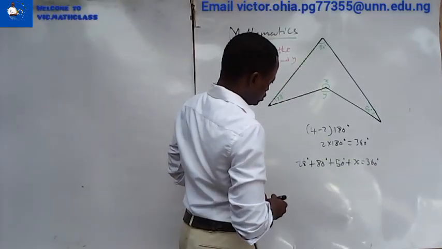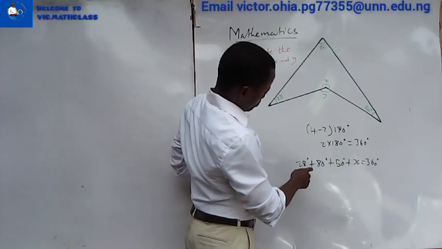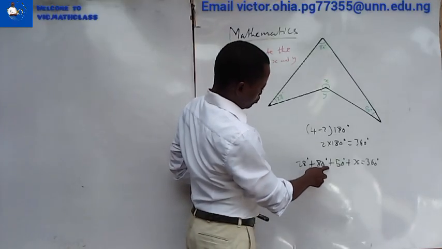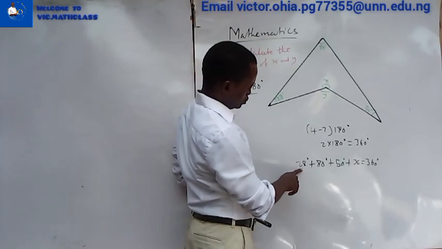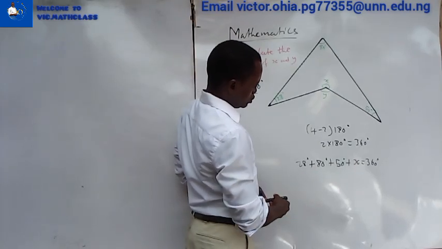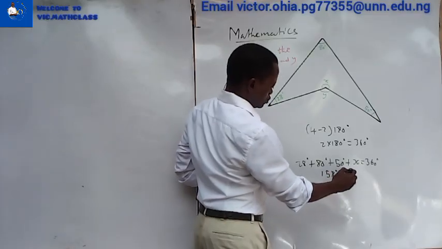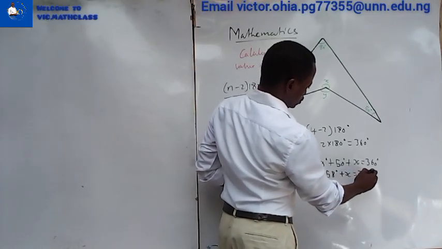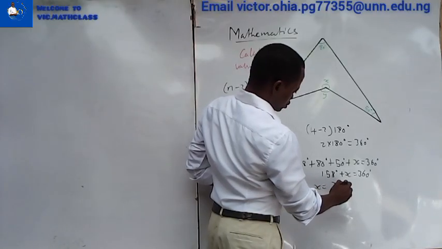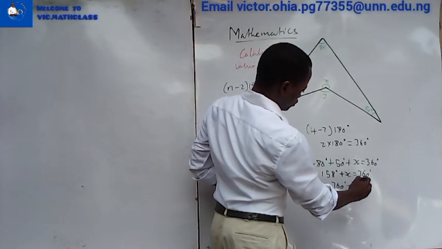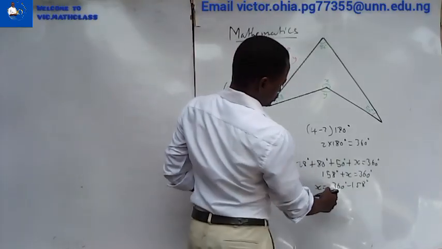So let's see what happens here. 50 plus 80 is going to give us 130. 130 plus 28 will give us 158. So we have 158 degrees plus x equals 360 degrees. So x will be 360 degrees minus 158 degrees.